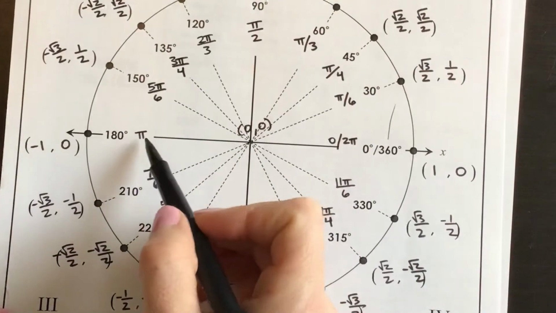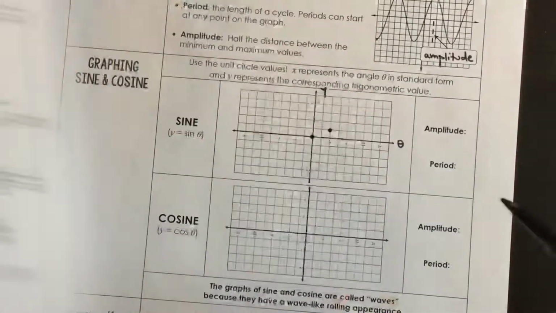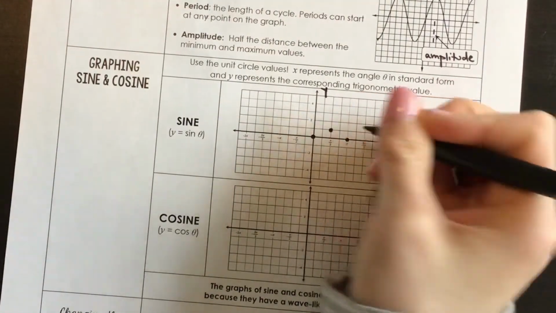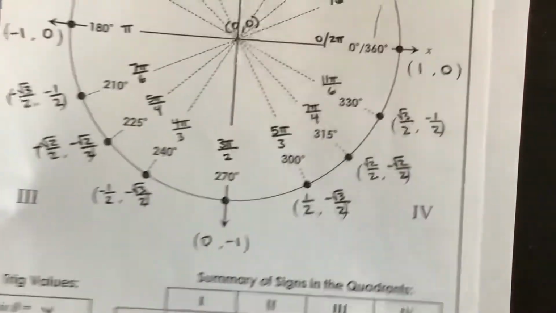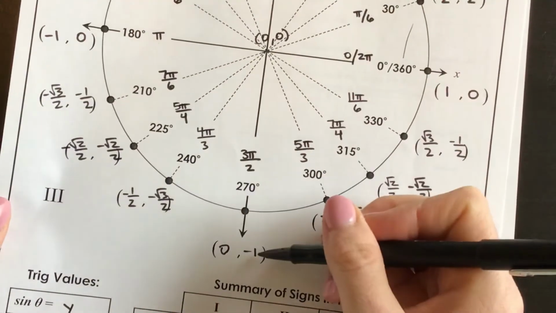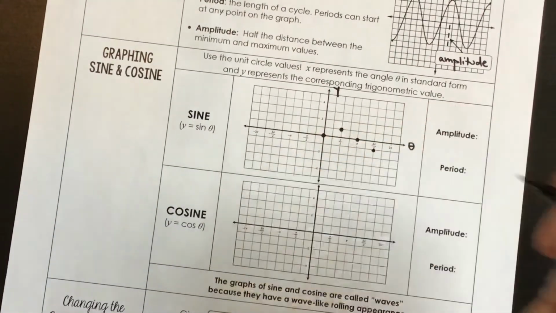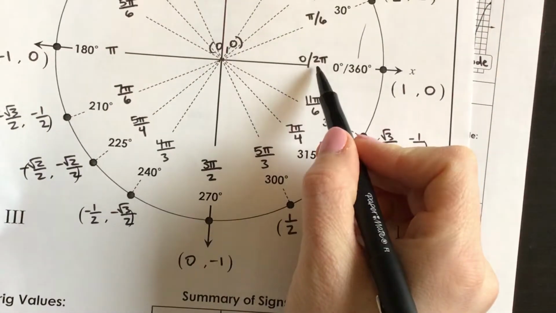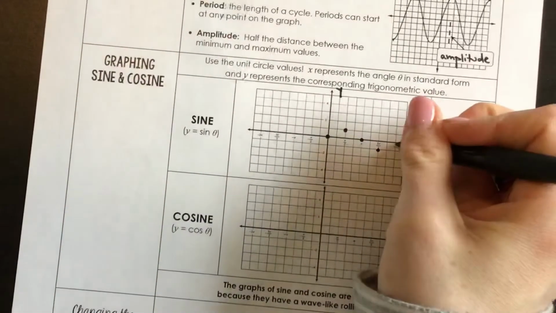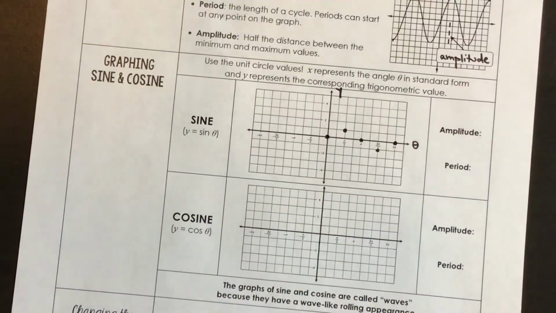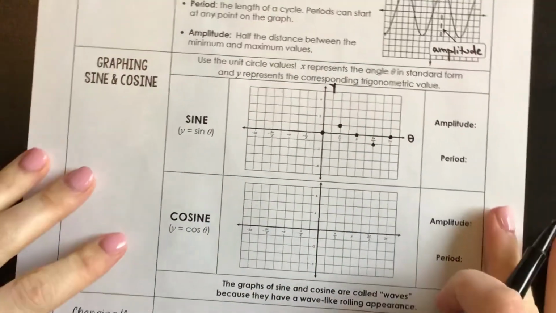Then pi, sine of pi is 0. 3 pi over 2, sine of 3 pi over 2 is -1. And then 2 pi is back where we started, the sine is 0. So that is one cycle, that is one period of the sine graph.